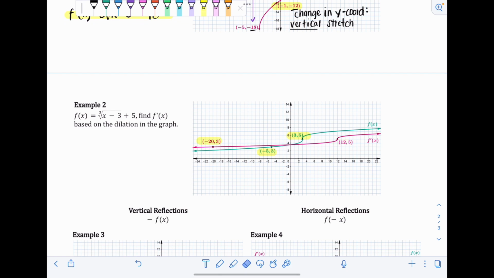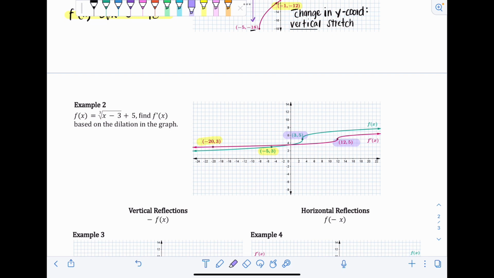I'm just going to start that over because I butchered that. Okay, so we're starting with the green function f of x. So this point, negative 5, 3, pulls outward and becomes negative 20, 3. And then this point, 3, 5, pulls outward towards the right and becomes 12, 5.